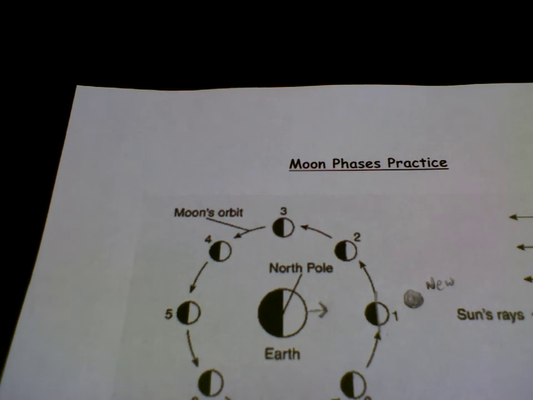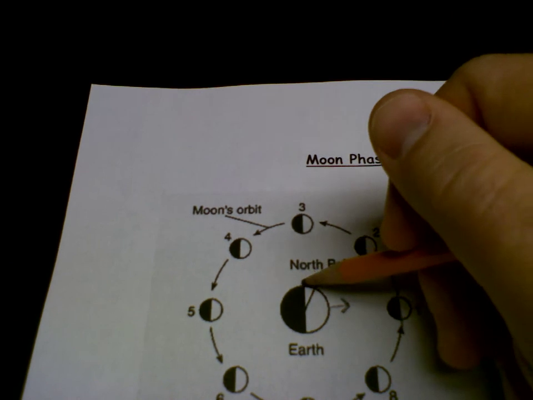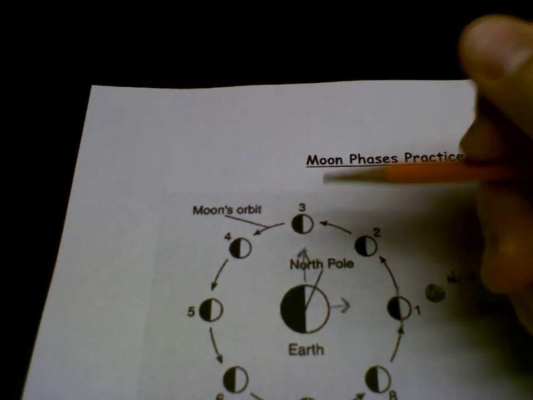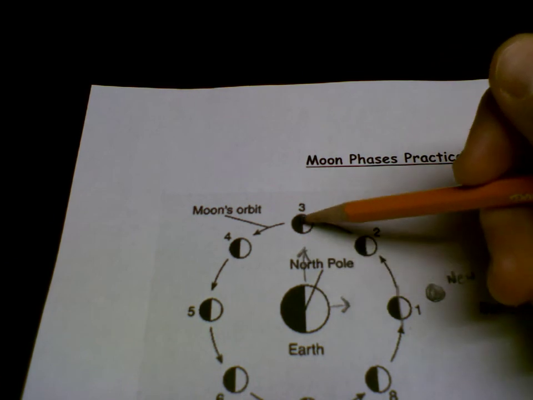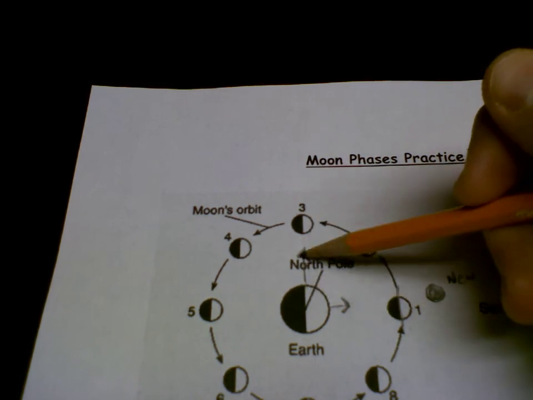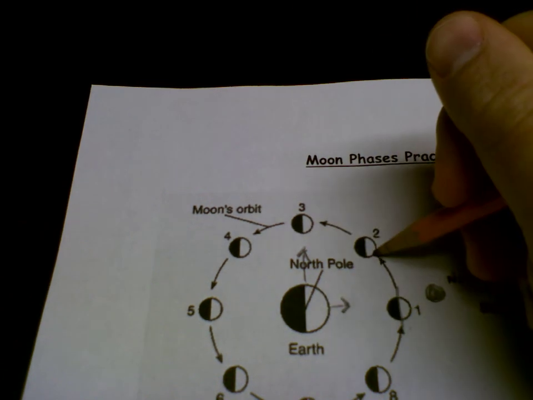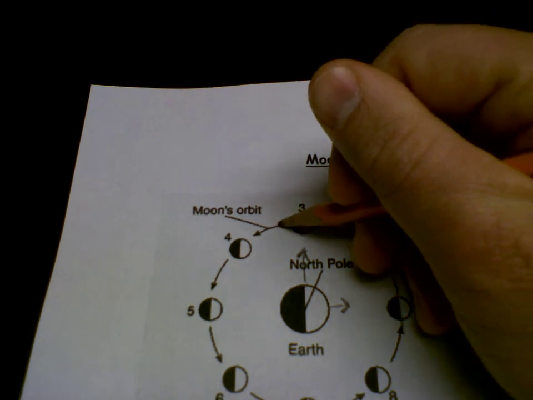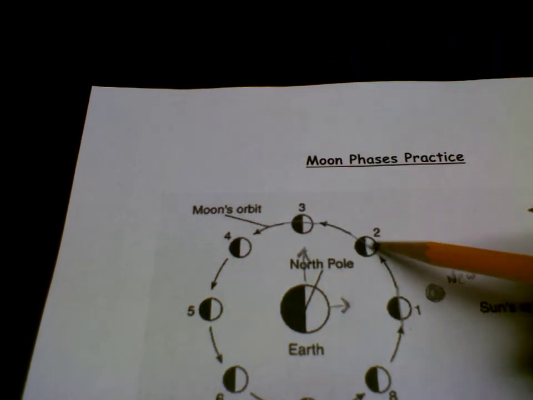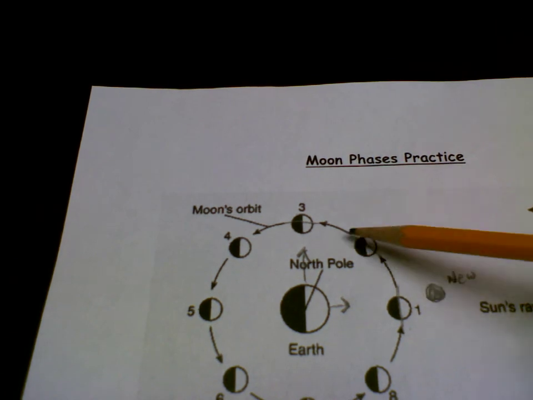Okay, now I said a good place to go is position 3. So I'm going to draw my arrow here, and this looks pretty good, right? Because I'm standing on Earth, the arrow's pointing at the moon. You can see it's from my eye at the moon. I'm going to cover it. Remember, I told you one of the first things you should do is connect these arrows. It's showing you how the moon is moving around Earth, but you're slicing the moon in half when you complete this circle.